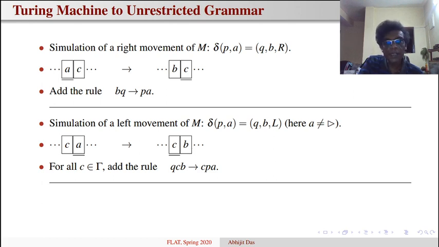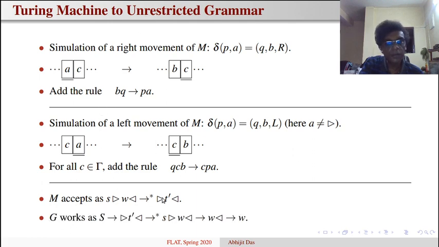So, that's basically the proof in a nutshell. So M accepts like this: initial state S, W is the input string, left end marker, right end marker. After a number of steps, it will eventually go to T prime with the step blank, and the grammar, unrestricted grammar G, does the same process starting from this.